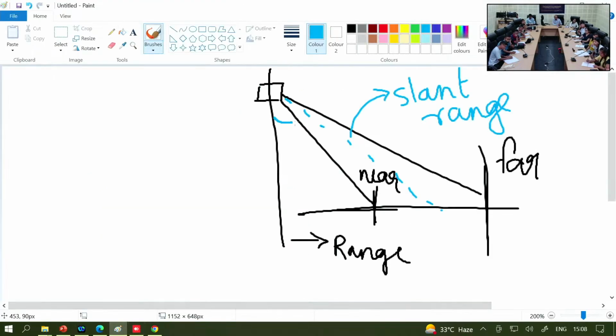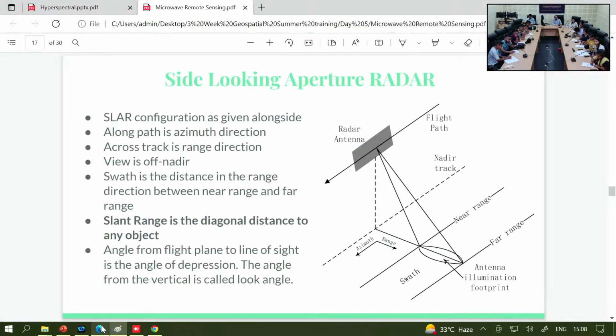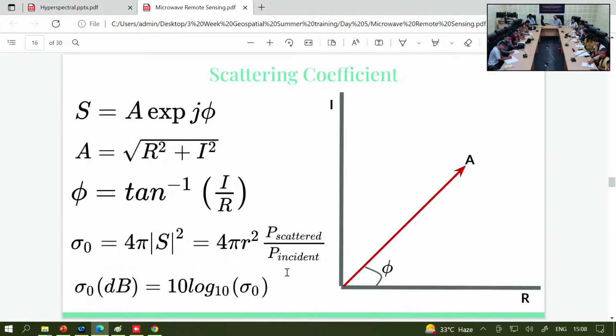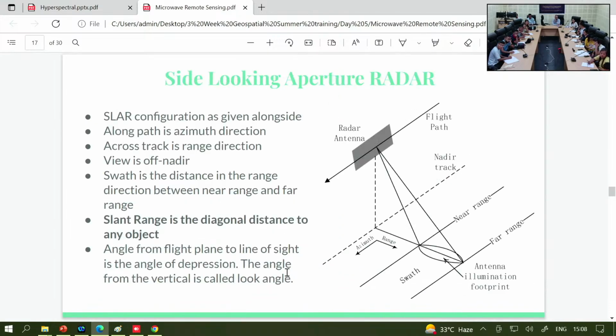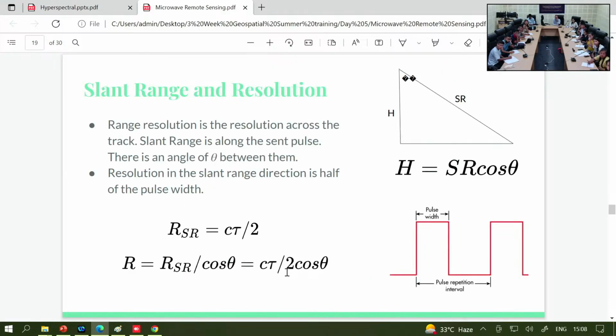So this angle over here is called the look angle. Oh, sorry, I think I placed this slide a little wrong. Anyway, I'll come back to that.